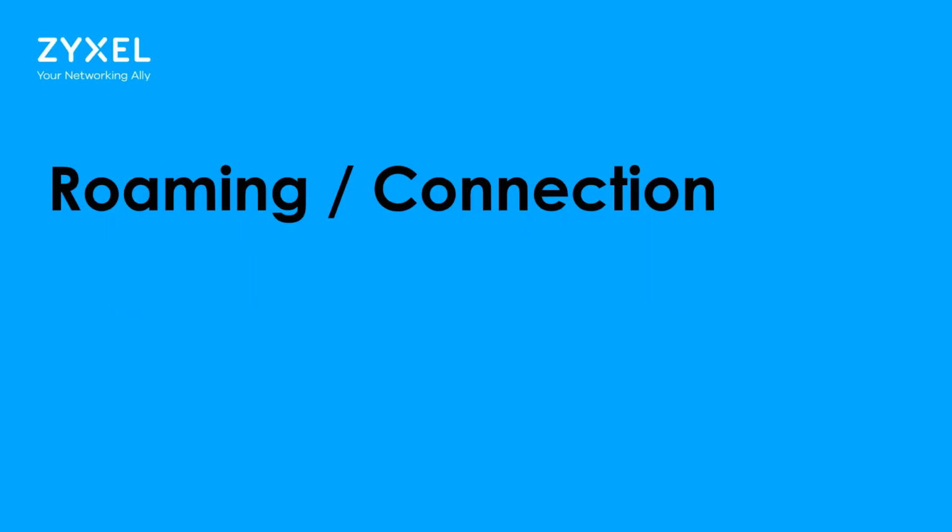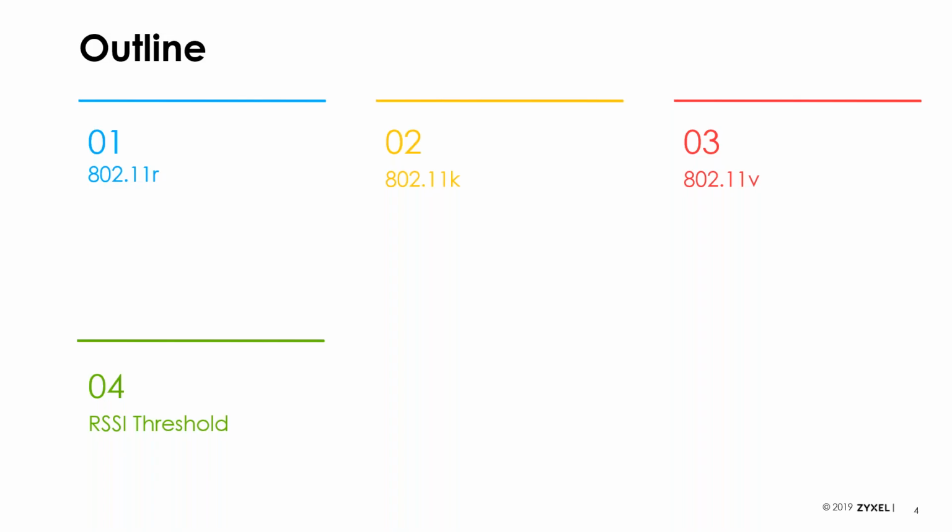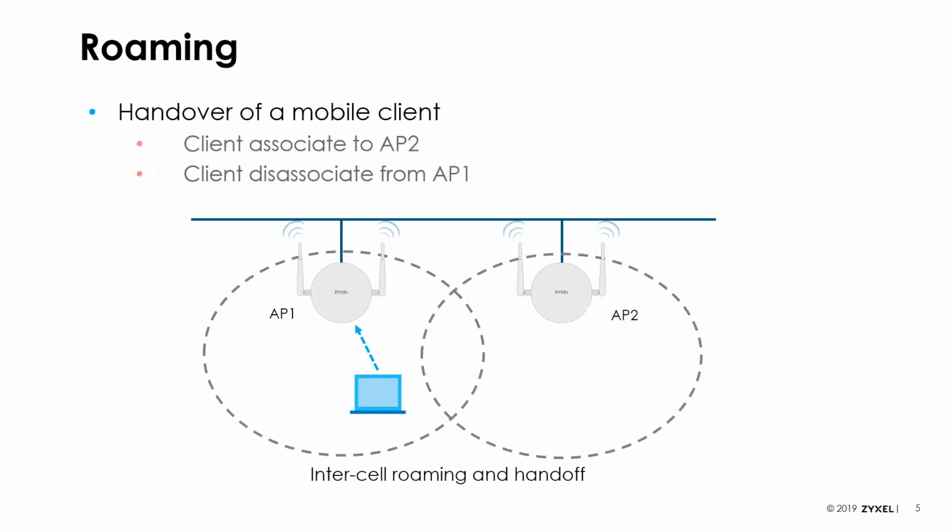But let's start. So roaming, what it is and what standards of roaming do we have out there and how do they function? So first of all, we will discuss about 802.11r, KV, and then at the end we will discuss about RSSI threshold. But to start with, let's explain what roaming is.